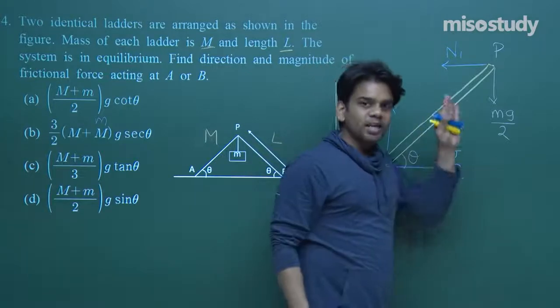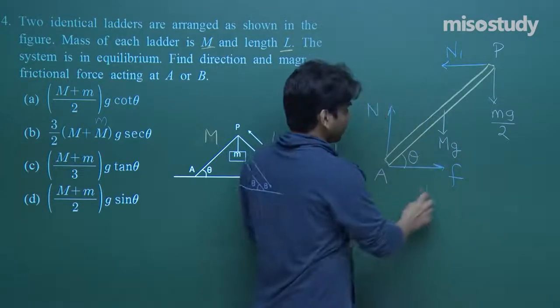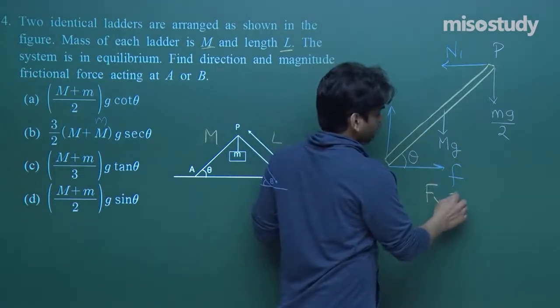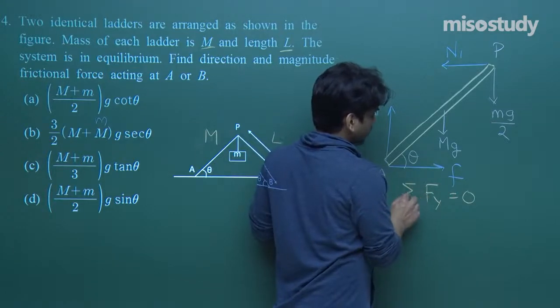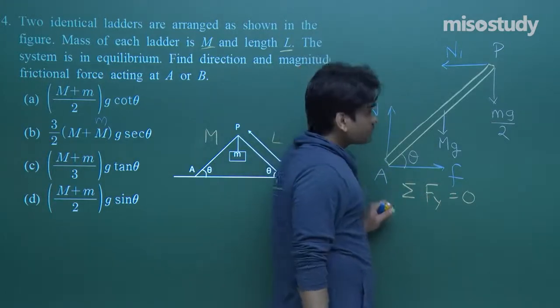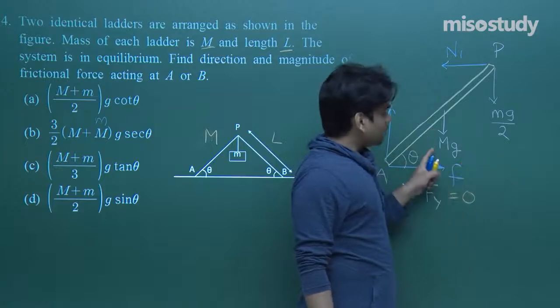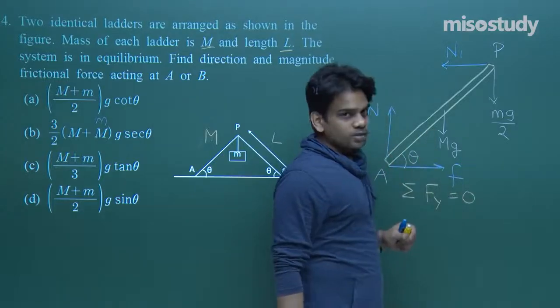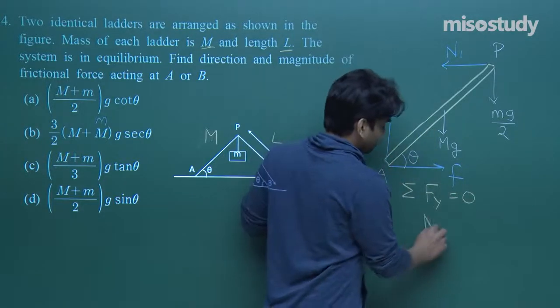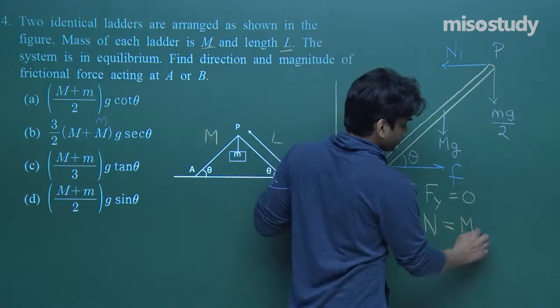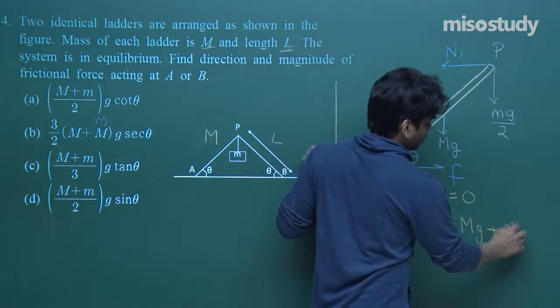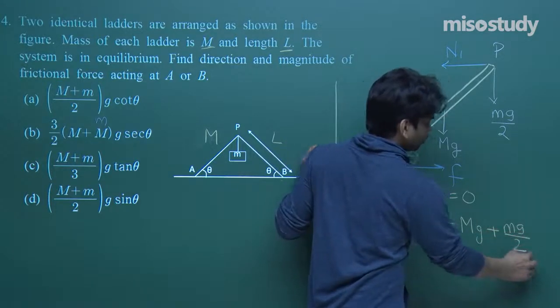Now for vertical equilibrium, Fy should be equal to 0, that is, the net force acting along the vertical direction is 0. Mg by 2 acting downwards, capital Mg acting downwards, N is acting upwards. So we can easily write that N is equal to Mg plus Mg by 2, not a problem.